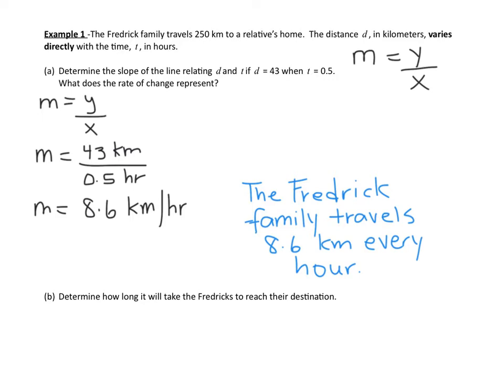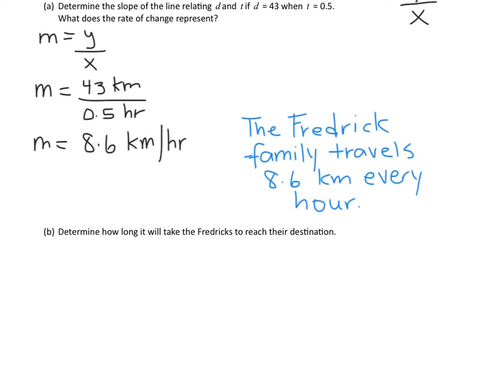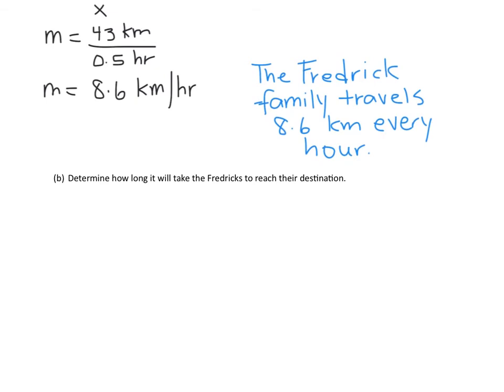So to determine the amount of time it's going to take them to travel 250 kilometers, we're going to first need to start with an actual equation. And then we can plug all the information into that equation to calculate the amount of time. So we're going to start by using our equation template.